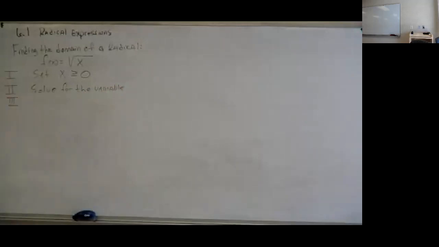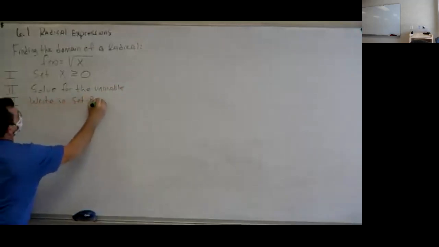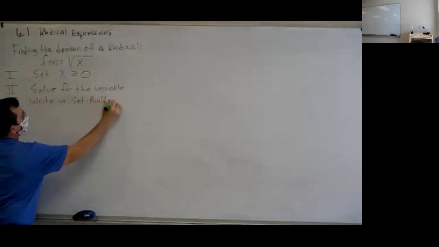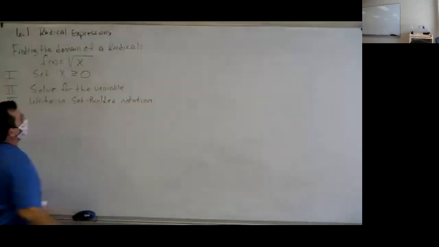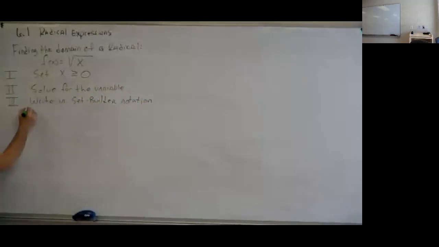I'm then going to write my answers in set builder notation. And y'all, set builder notation was when I had the fancy curvy little parentheses, and we said the variable was x.